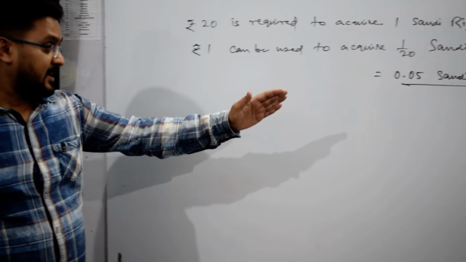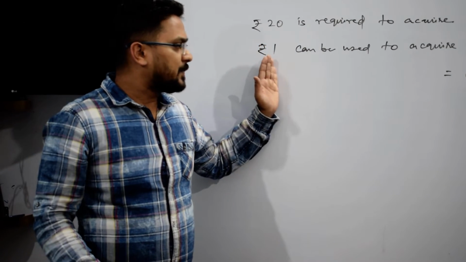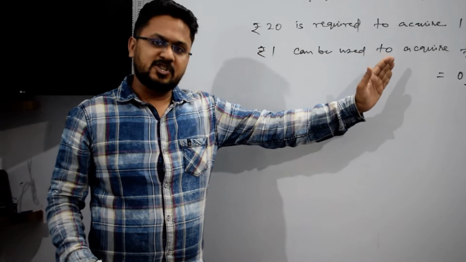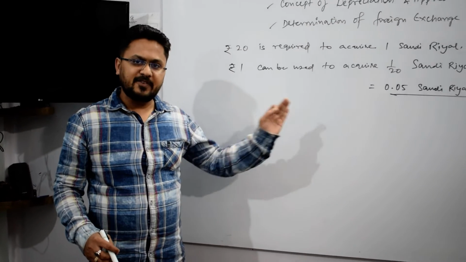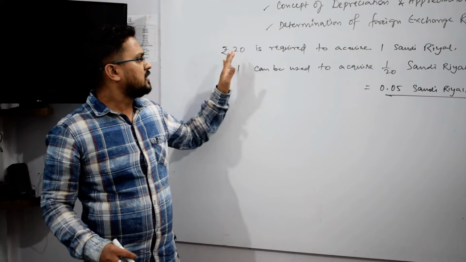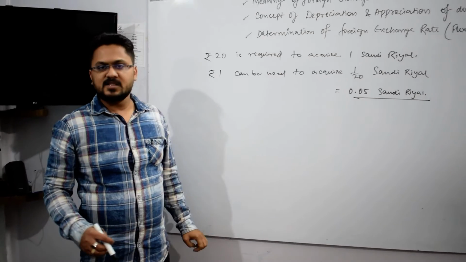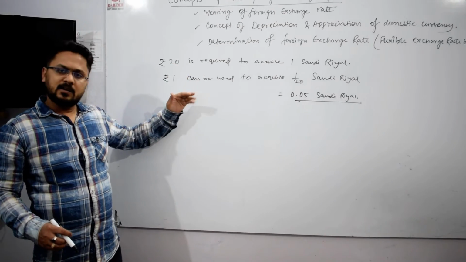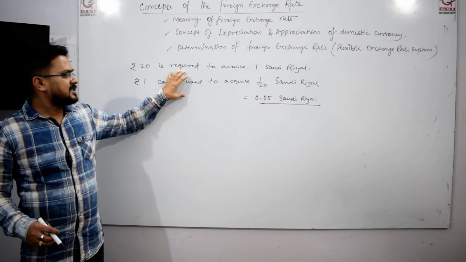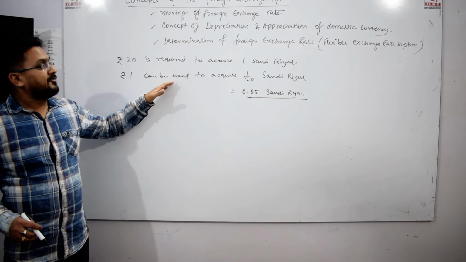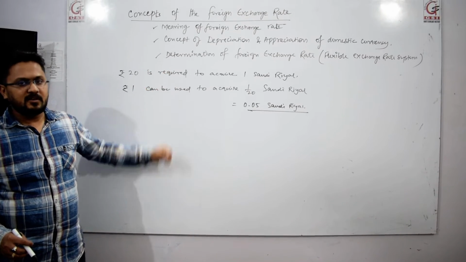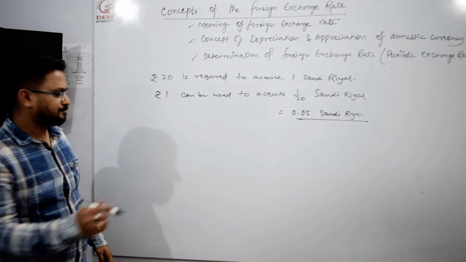So we can say that 1 rupee can purchase 0.05 Saudi riyal, or rupees 20 is required to acquire 1 Saudi riyal. Both are equally correct whenever we define or whenever we state the meaning of the foreign exchange rate.